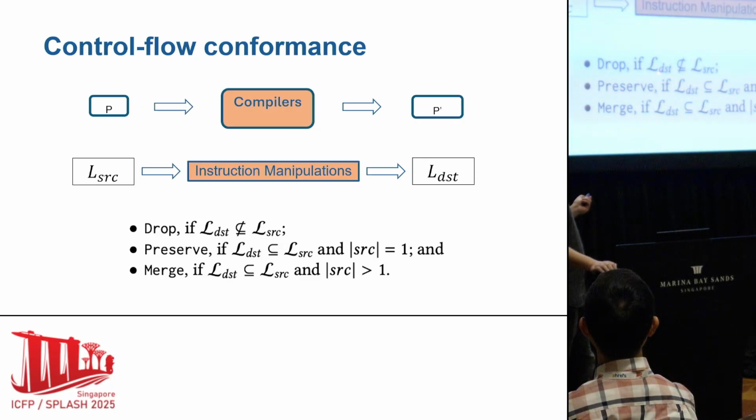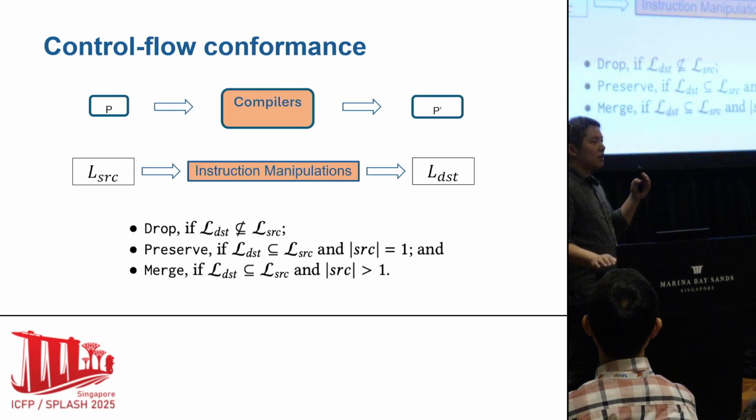For example, if the destination set is larger than the source side, recall that we have discussed that the property is that the optimized program's debug information set should be smaller than the original program's debug information set, right? In this case, if that doesn't hold, that means that the compiler should drop the debug location in order to maintain the consistency.